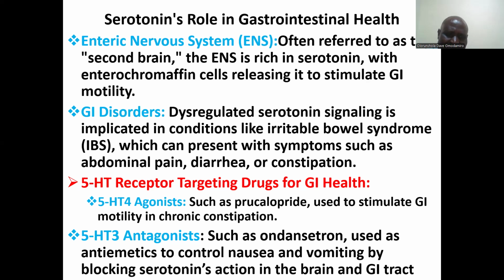Then you also need serotonin antagonists, such as ondansetron, which is used as an antiemetic to control nausea and vomiting by blocking serotonin action in the brain and also the GIT.